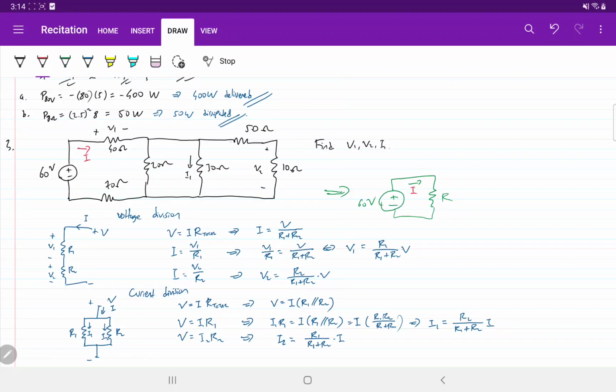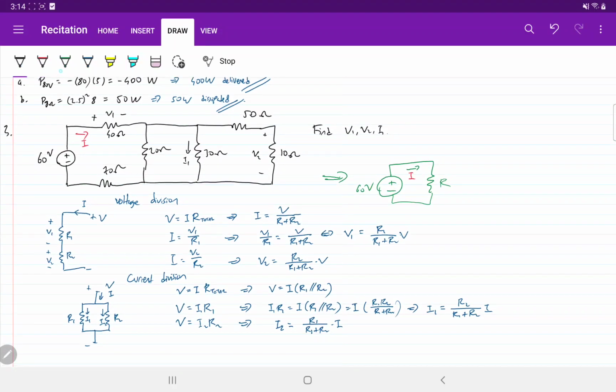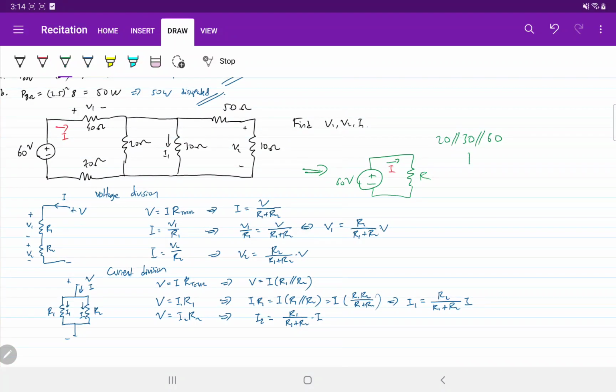You can replace it with one single 60 ohm resistor, because 50 plus 10 is 60. Just keep that in mind. So you have 60, and it is parallel with 30 and also 20. So we have 20 parallel 30 parallel 60.